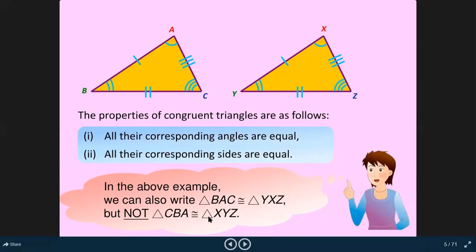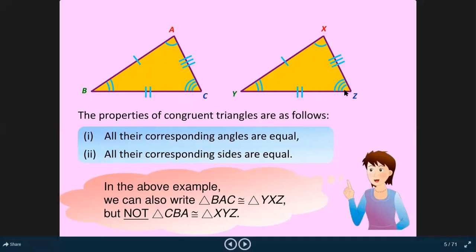Here also we can say the measure of angle C is not congruent with the measure of angle X, right? Look at angle C, it's not the same as X. For this reason, we said that CBA will be congruent with ZYX because C corresponds to what, Salma?